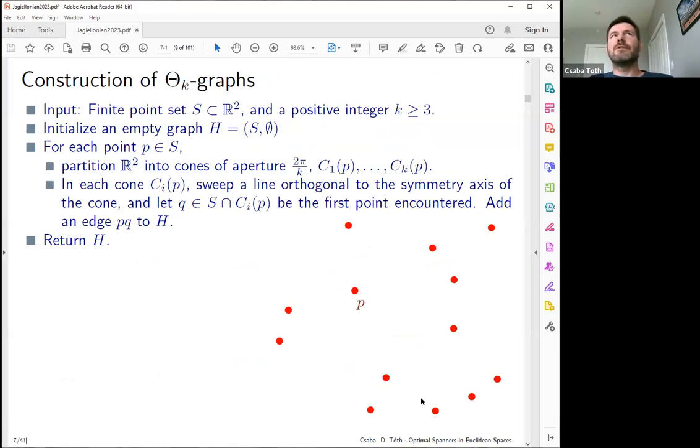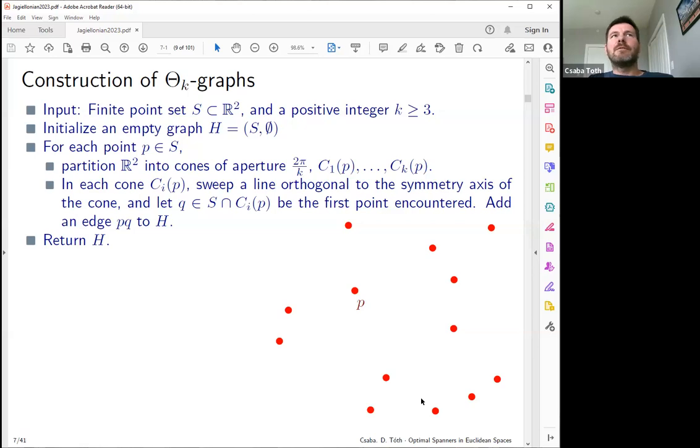So in the planar version, we are given a set of endpoints in the plane, and we want to build a spanner. Our graph is the complete graph, the weights are the Euclidean lengths. So we start with an empty graph and we want to add edges one by one. How?